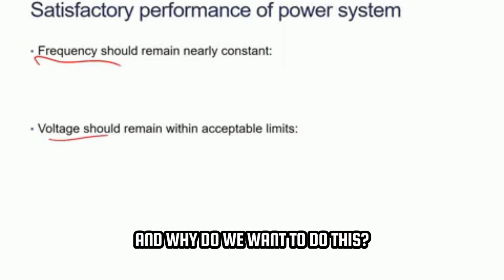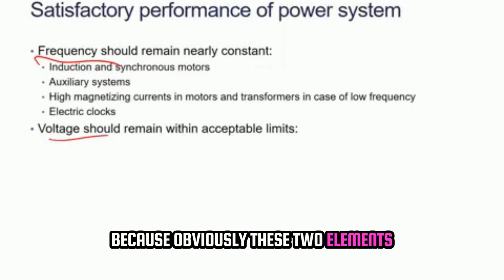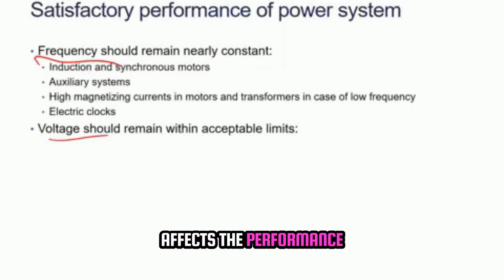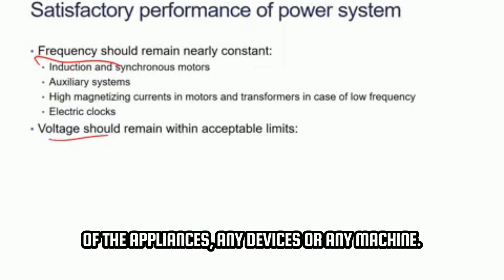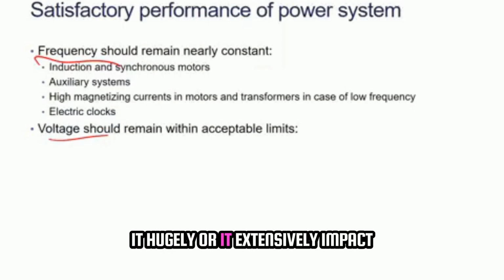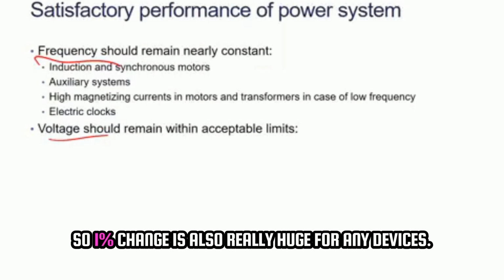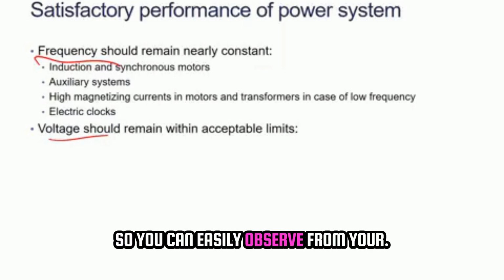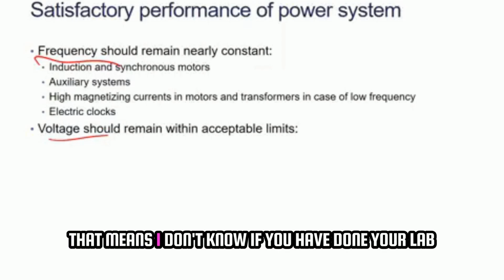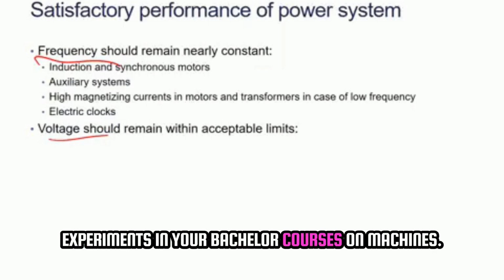And why do we want to do this? Because obviously these two elements affect the performance of the appliances, any devices or any machine. They extensively impact their performance, even with a change of 1%. So a 1% change is also really huge for any device. You can easily observe this from your lab experiments on machines in your bachelor courses.